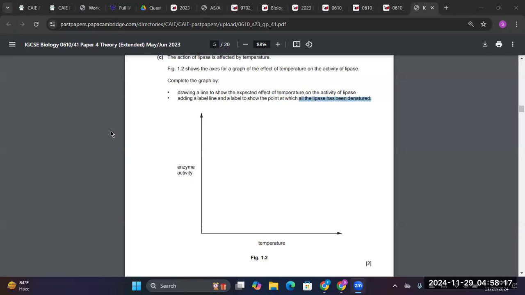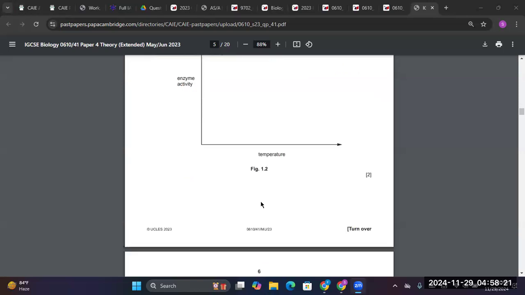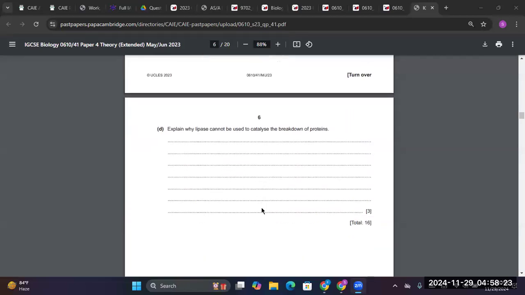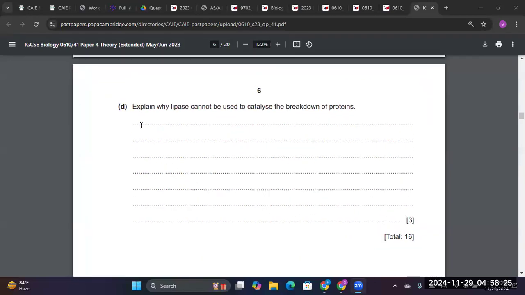Yes, that's perfect. Good job, Al Johara. That is fine. Okay, Hajra, I am just waiting on yours. Meanwhile, Al Johara, while Hajra is drawing that, take a look at this. Explain why lipase cannot be used to catalyze the breakdown of proteins.